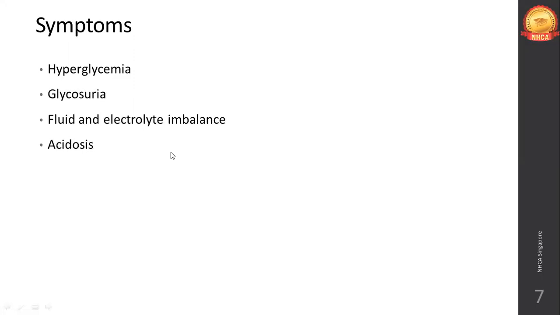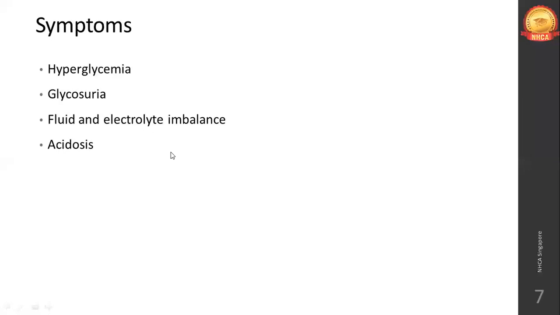Then acidosis. As I mentioned, when the cells are not responding to insulin properly, the body requires energy from some other way. So the next stop is your fat stores. A lot of fats will be broken down to give energy, but ketones are the byproduct of this fat metabolism.